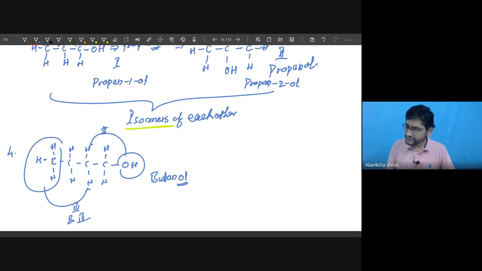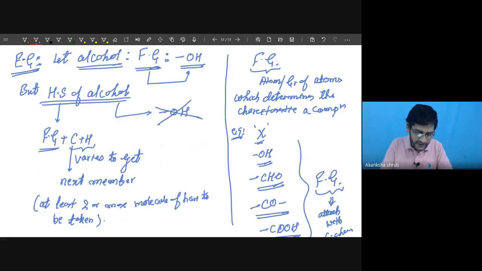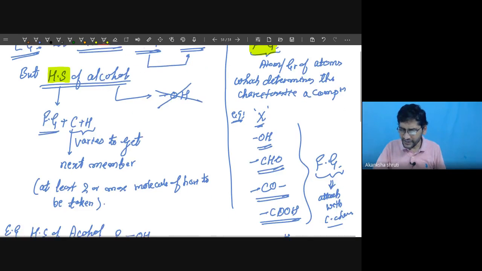So this way, what have we understood? What is the difference between homologous series and functional group? Students, homologous always means a certain number of molecules we have to consider, while for the functional group only these atoms we need to consider.